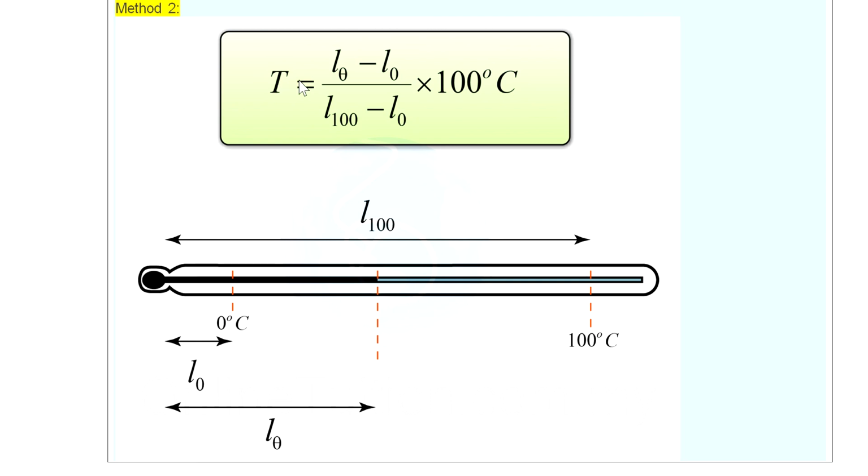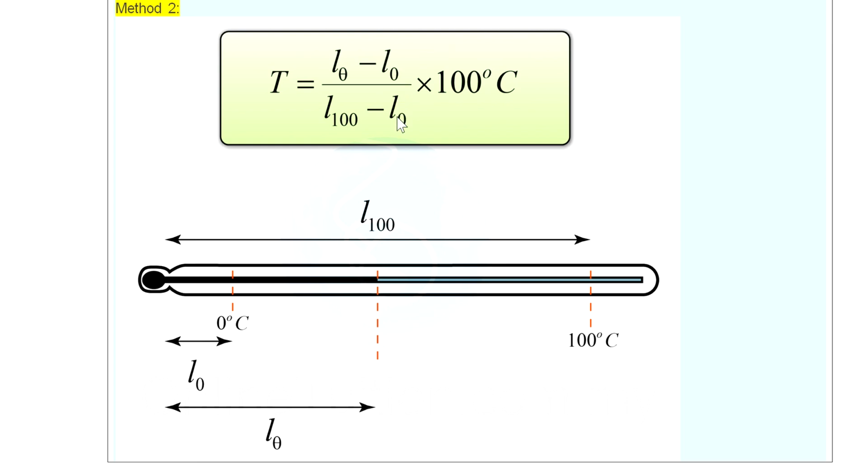Then we are required 3 lengths. Length for an unknown temperature, L theta, length for ice point, L naught, length for steam point, L100, and the same length for ice point, L naught.